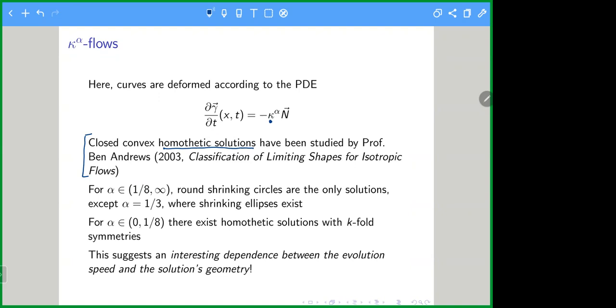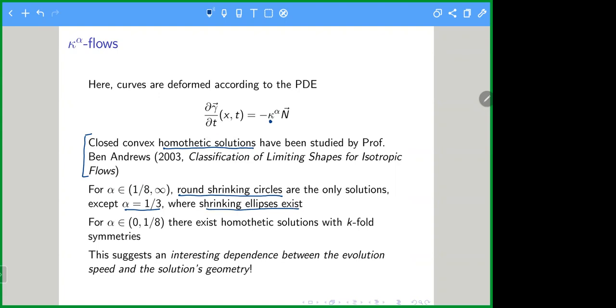He noticed something pretty interesting: if alpha is bigger than 1/8, then the flow is rigid enough that only round shrinking circles are the solutions. Except in the alpha equals 1/3 case, the affine case, you also have ellipses showing up.